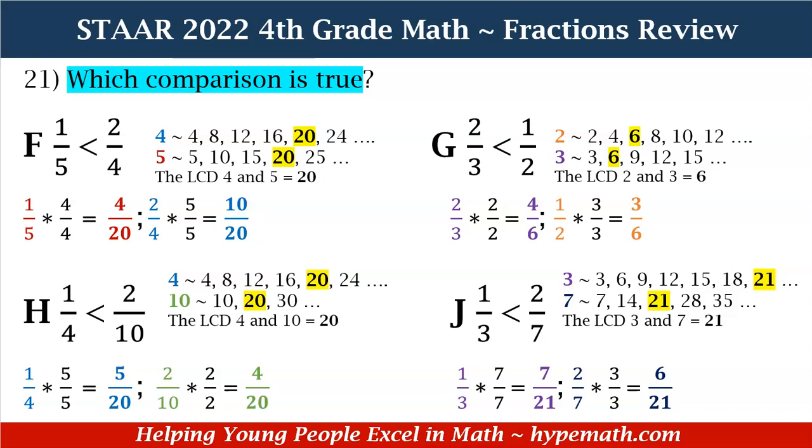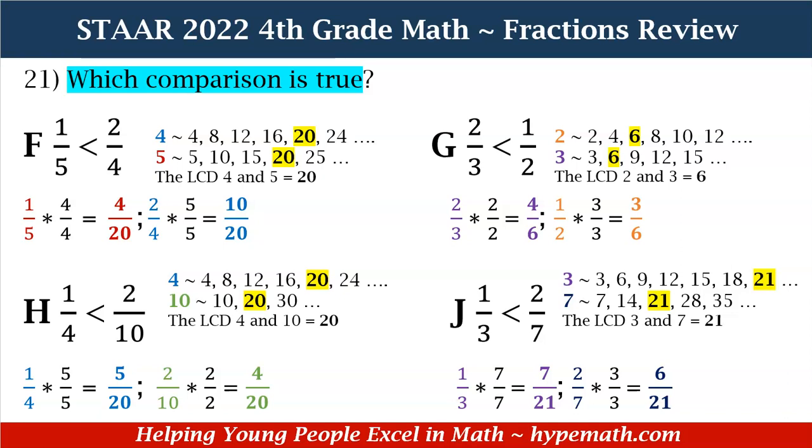Now let's move to G. We have 2/3 is less than 1/2, and yes, we need to find our LCD because our denominators are different. So my multiples of 2 are 2, 4, 6, 8, 10, 12, and my multiples of 3 are 3, 6, 9, 12, 15, and so on. That's what the dots mean.